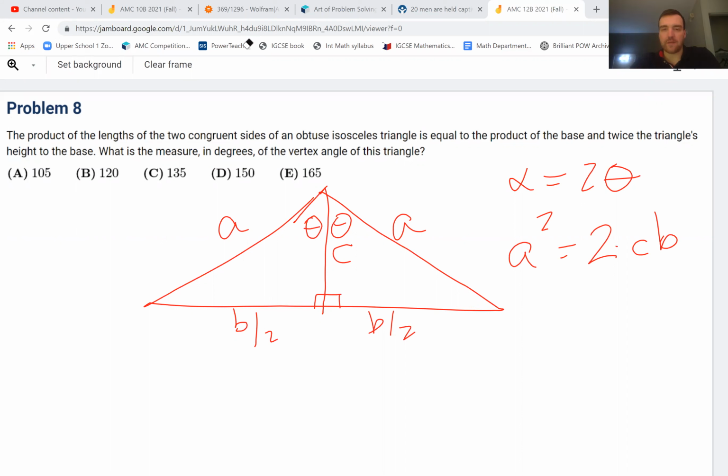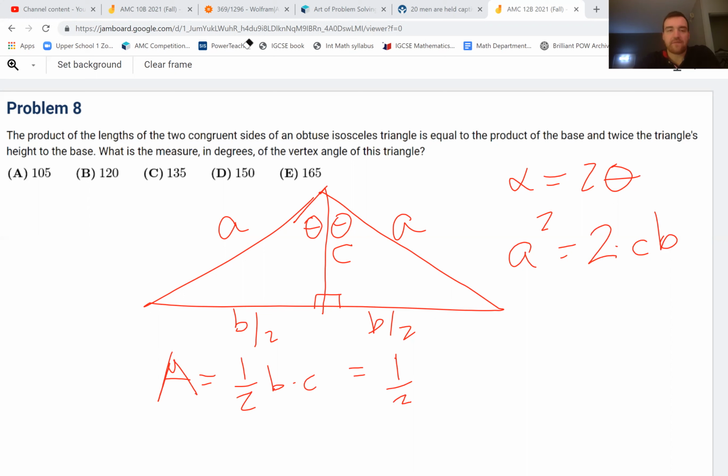So now let's think about what we can say from this triangle. Well, can we find a way to represent the area of the triangle? The area of the triangle would be 1/2 base times height, which would be 1/2 B times C, right? But there is another way we can represent it.